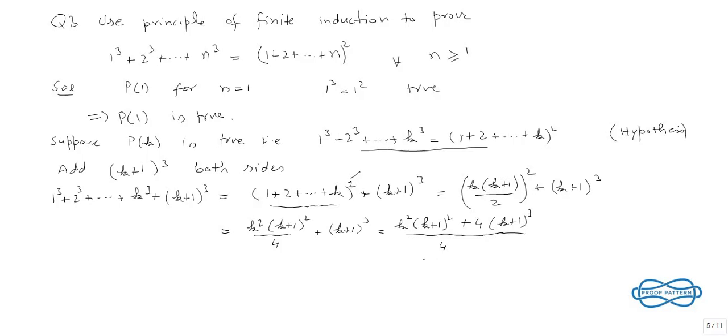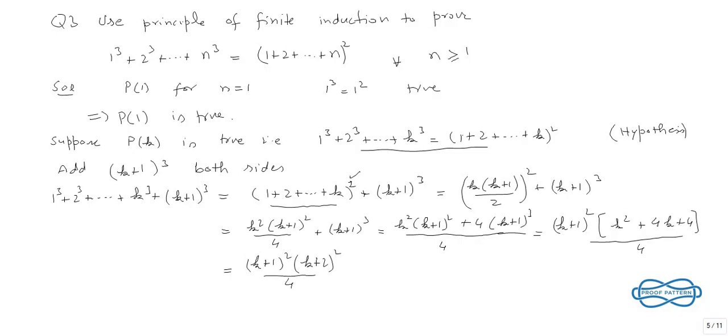And if we rearrange it, or we take the k plus 1 whole square as a common factor, we will be left with k square plus 4k plus 4 over 4. Okay, and we see that k square plus 4k plus 4 is actually equal to k plus 2 whole square over 4.